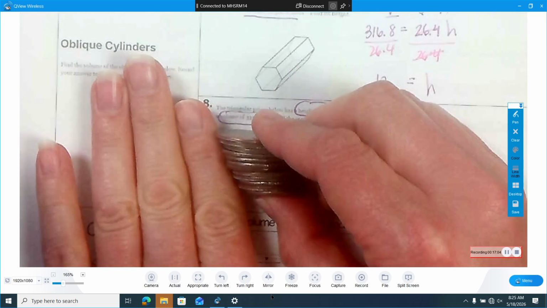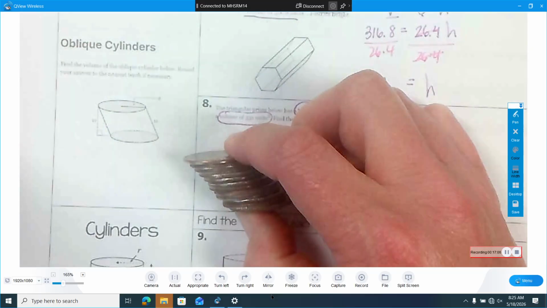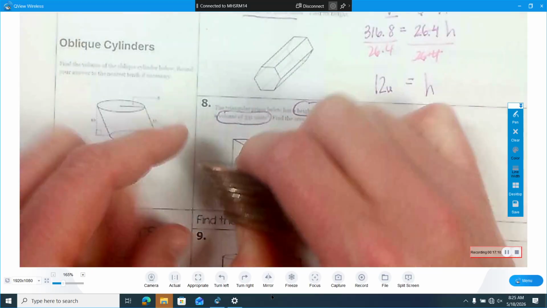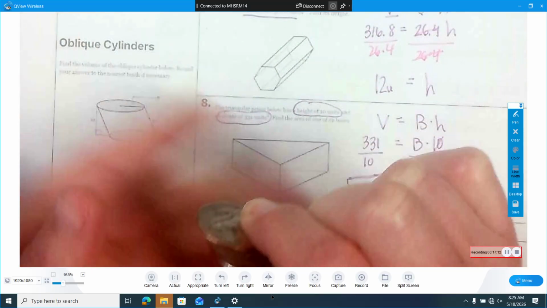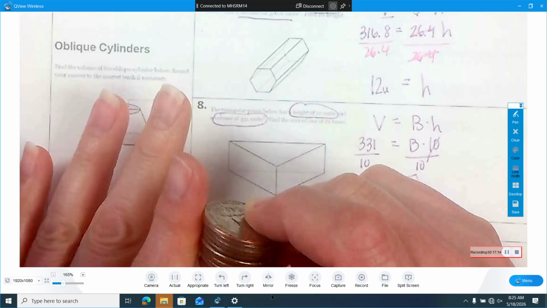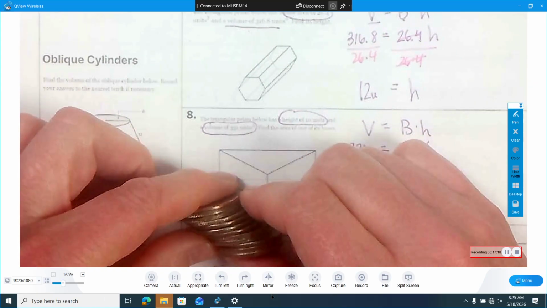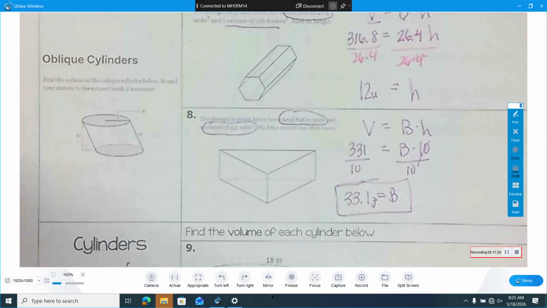has the volume changed at all? No, it's just adjusted a little bit, right? But it still maintains the same exact height that it started with. It's just slid over, but the amount of coins that I have and the volume hasn't changed. It's just adapted, okay?